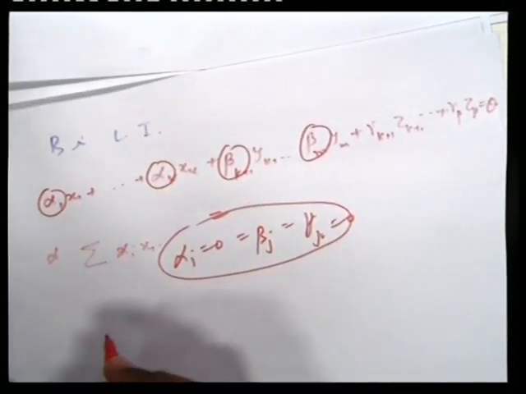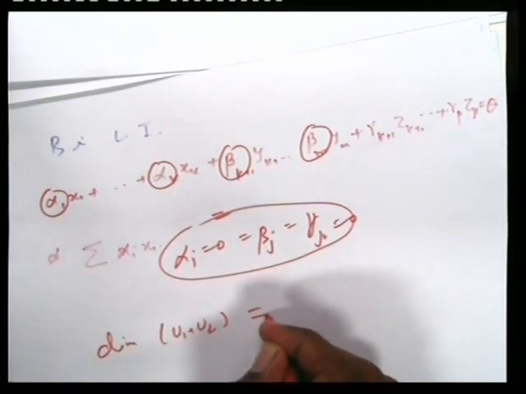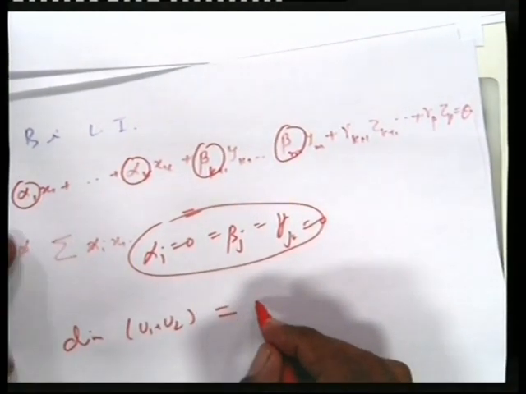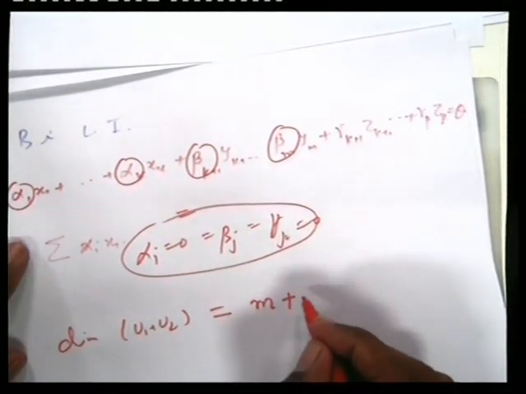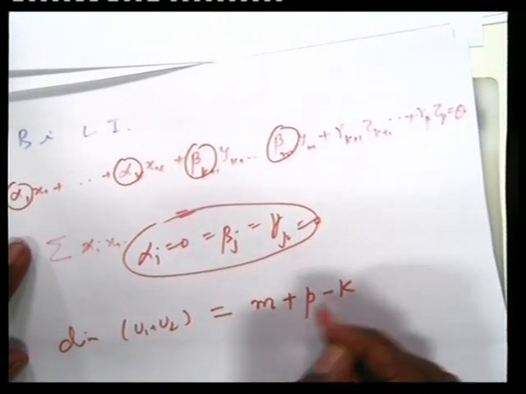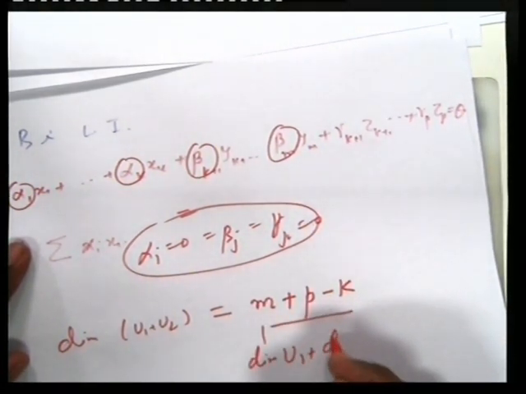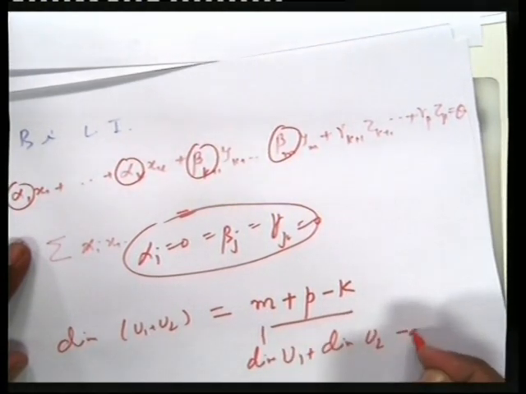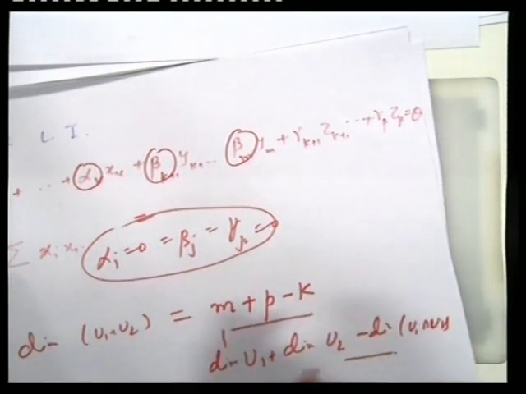And that's why we can say that the dimension of U1 plus U2 is equal to m plus p minus k, which is the dimension of U1 plus the dimension of U2 minus the dimension of U1 intersection U2.